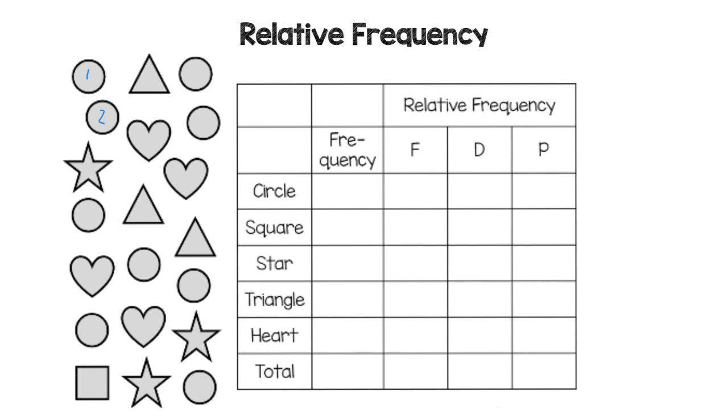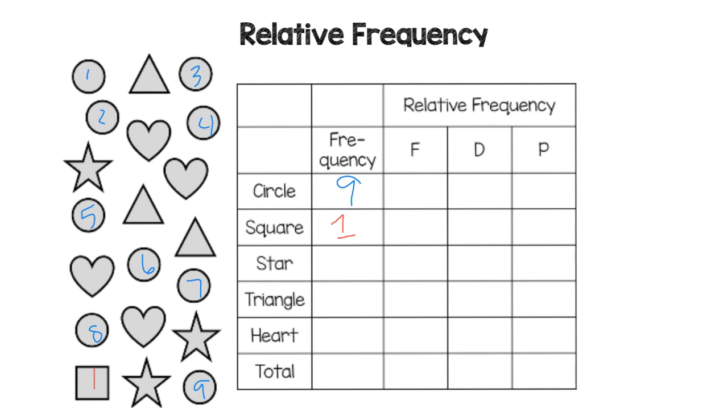So 1, 2, so altogether we have 9 circles. So in my frequency, I'm going to put 9 because there was 9 of them. The next thing we're going to count is our square. So if we look through here, I only see 1 square. So our square is 1.